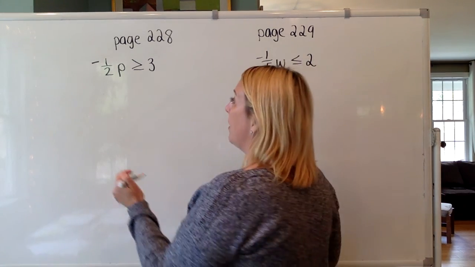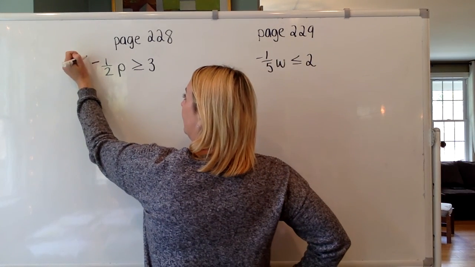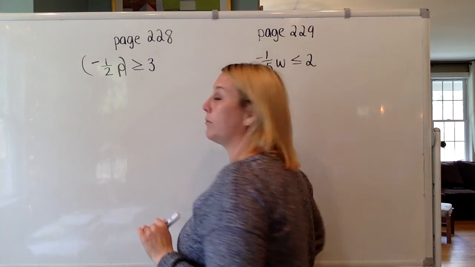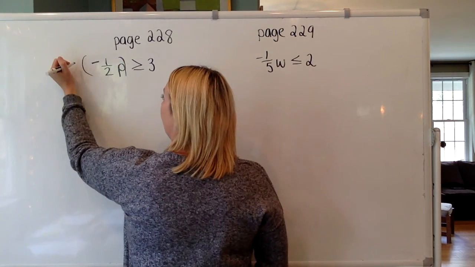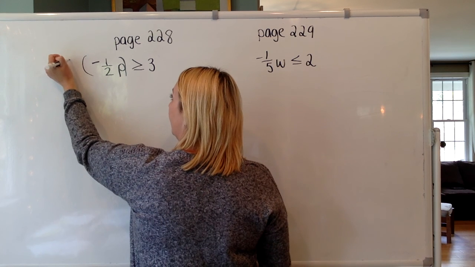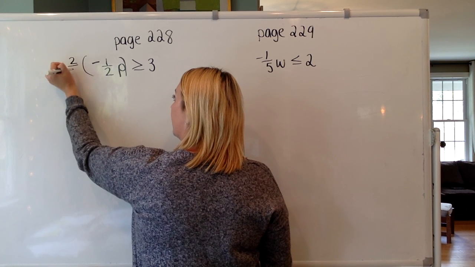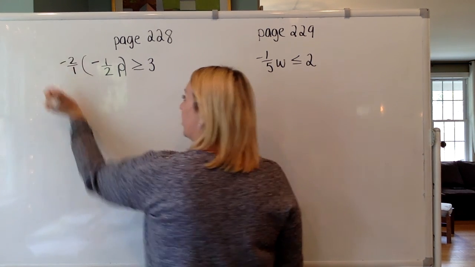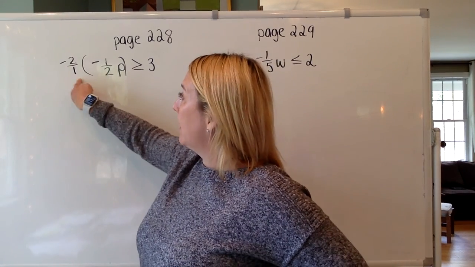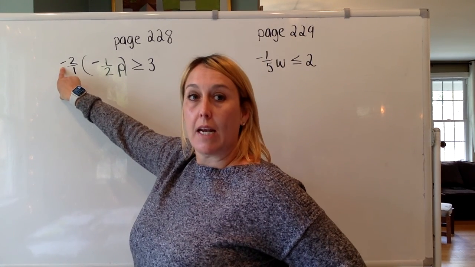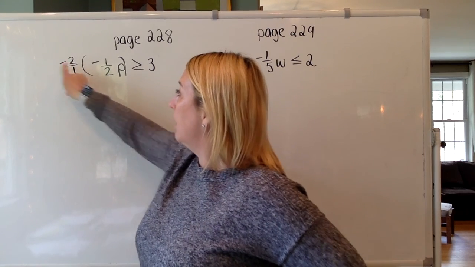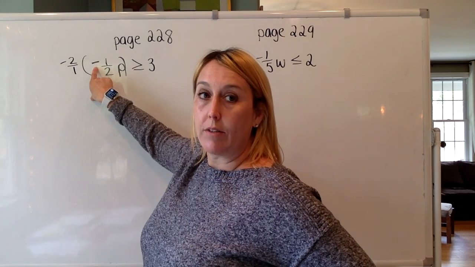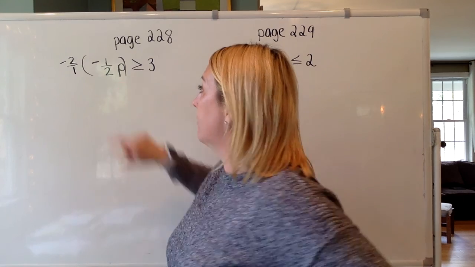So remember, to isolate the variable, we multiply by the reciprocal, right? So to get rid of the negative 1/2, we're going to multiply by the reciprocal of 1/2, which is 2/1, right? But we need to multiply by a negative 2/1 or a negative 2 because negative times a negative is a positive, and we want to leave p as a positive.